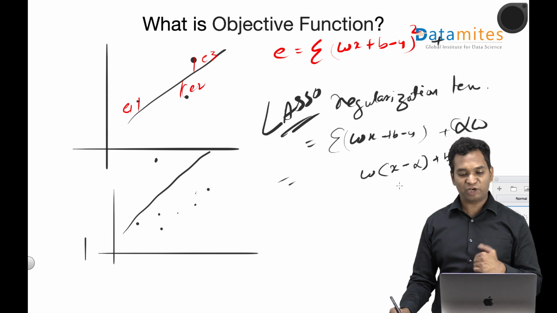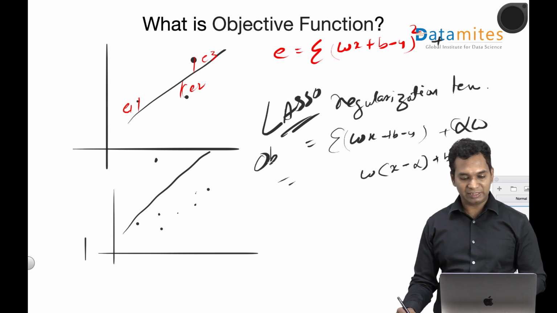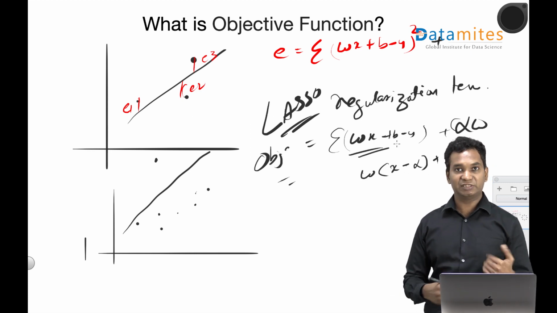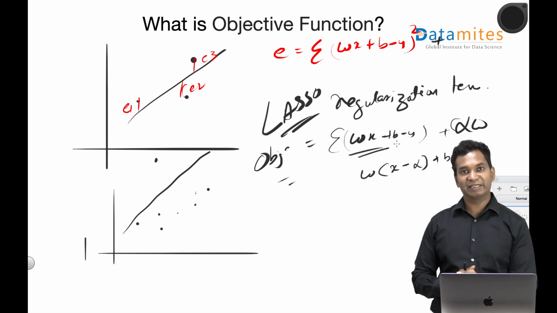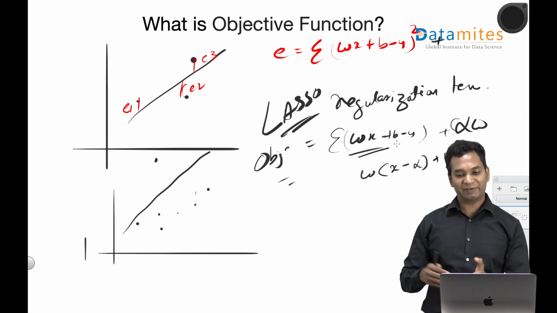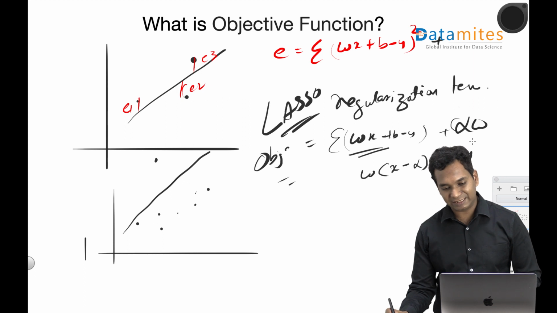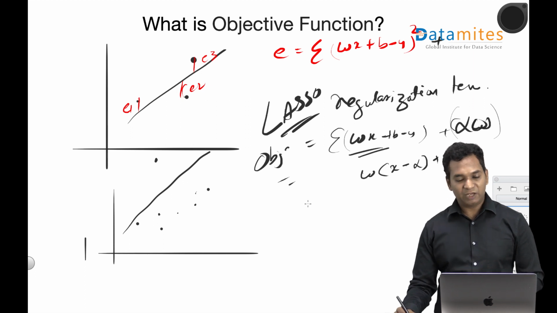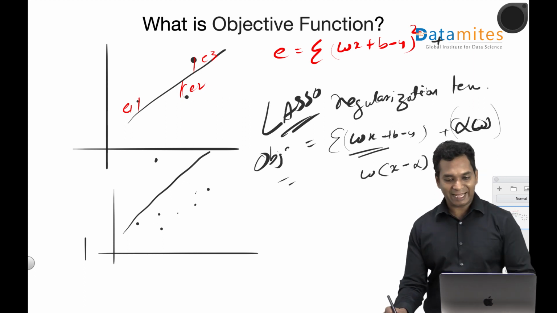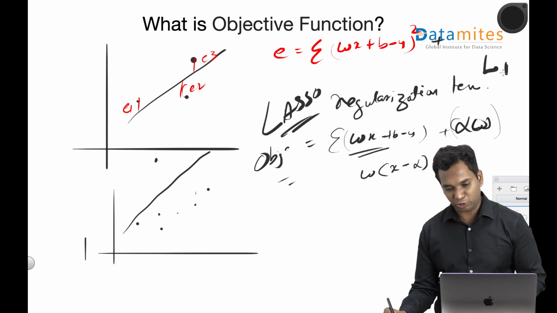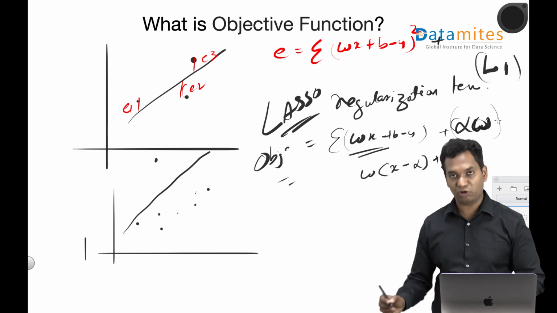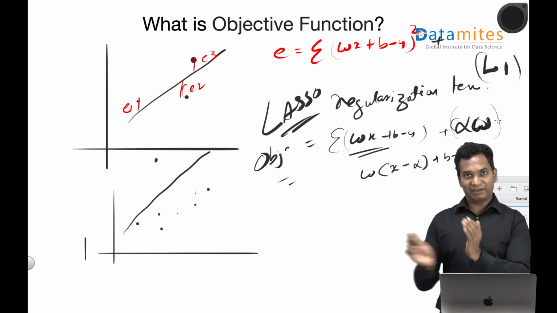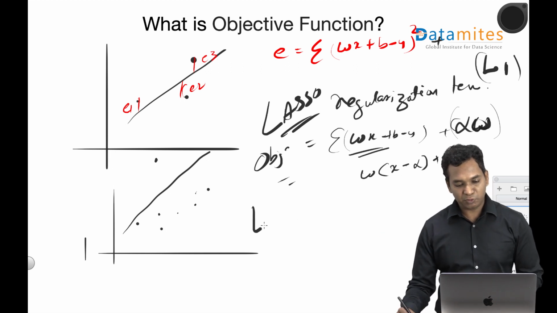The objective function of lasso regression is your cost function, which is just your ordinary least squares, the sum of the square of the errors, plus another term called alpha into W. This is called L1 regularization because you're only adding the first order of your slope as a regularization term. We also have L2 regularization.